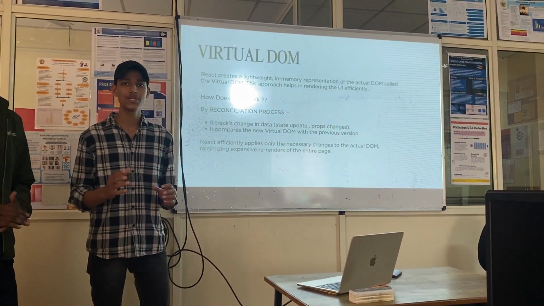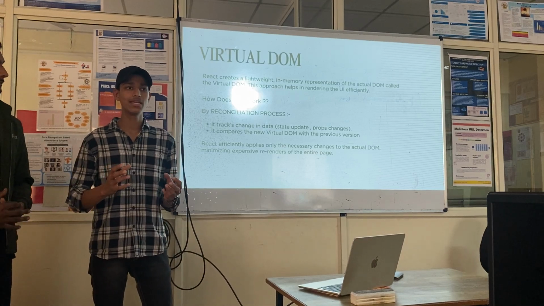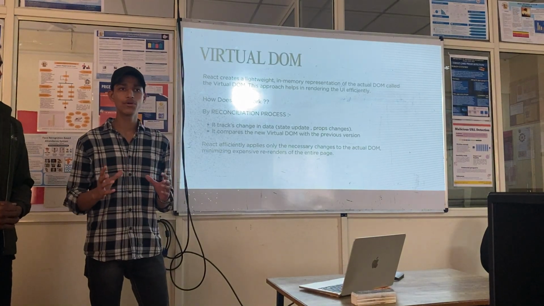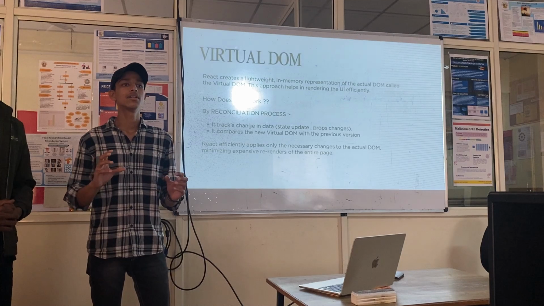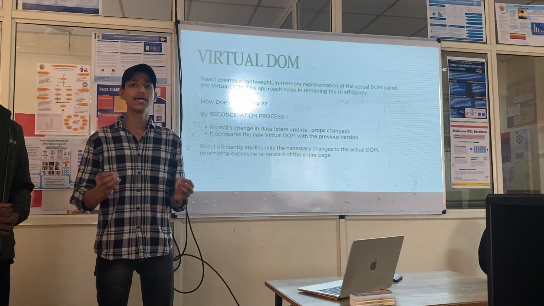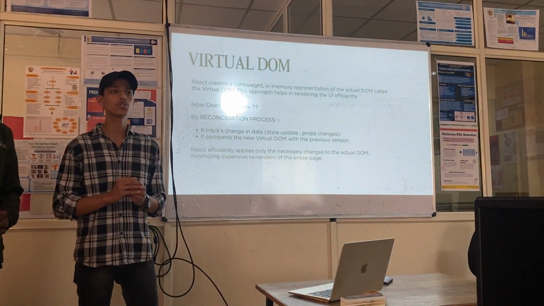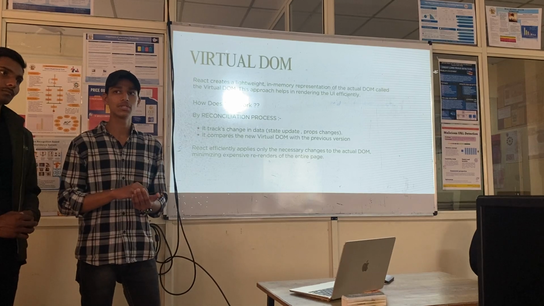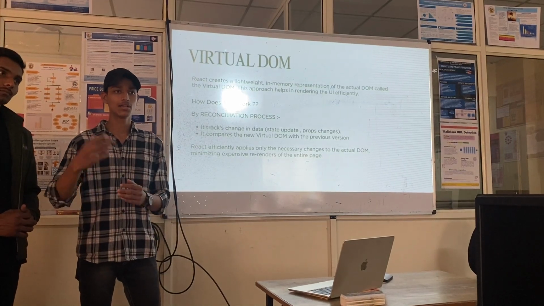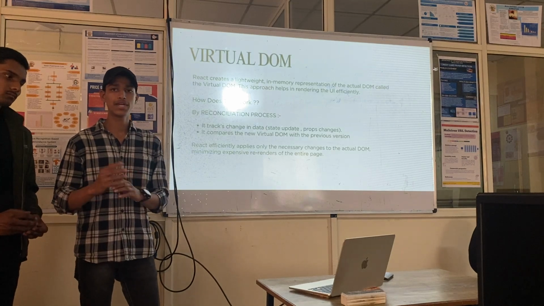So whatever manipulation we do in our code is updated in the Virtual DOM, and then a diff algorithm is performed, and it compares both DOMs, the traditional DOM and the Virtual DOM, and finds the differences in both of them, and then only those changes are rendered in the UI, which makes the rendering of pages efficient.